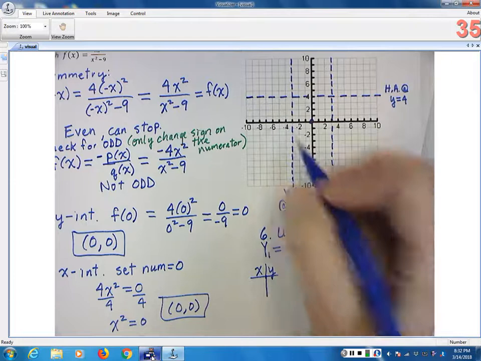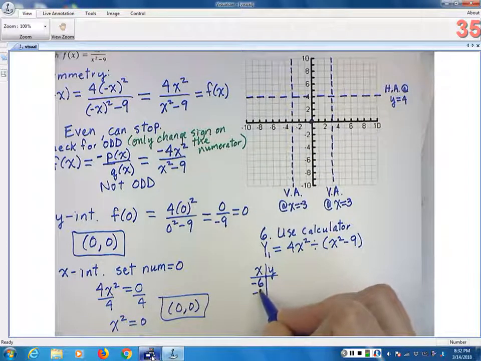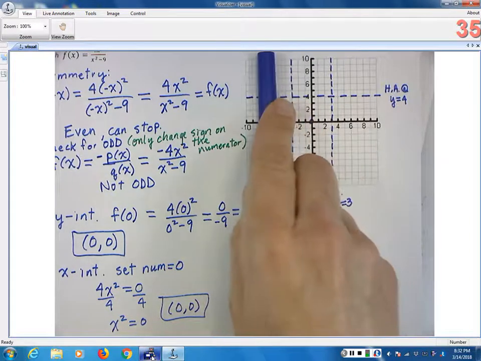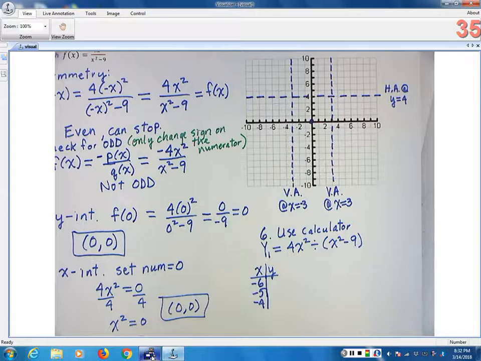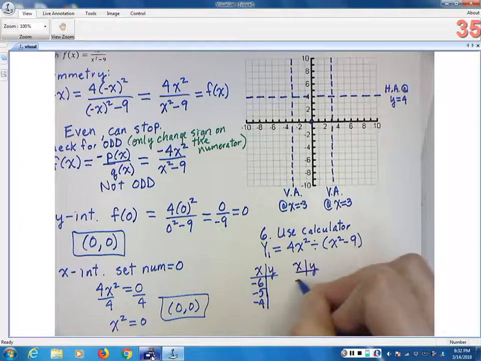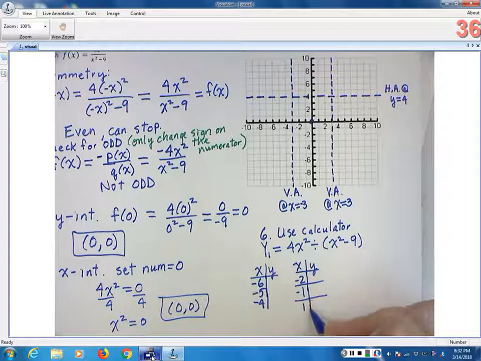So let's just find some points. Let's find -6, -5, and -4. Those are 3 points that will be in this area. And then for the middle part, we're going to find -2, -1. We already have 0, we don't need that. 1 and 2.